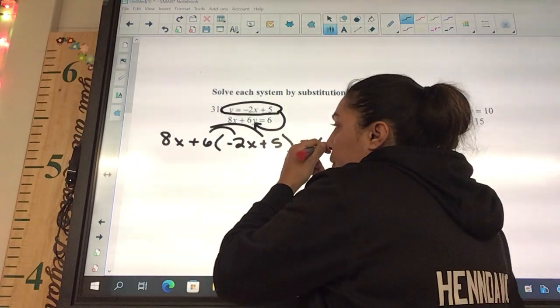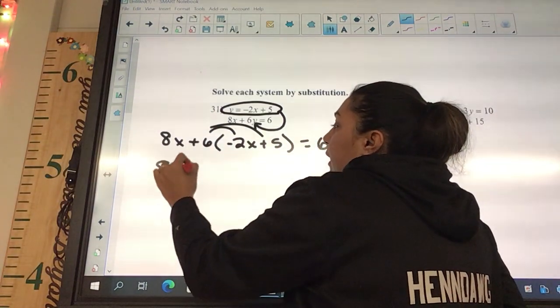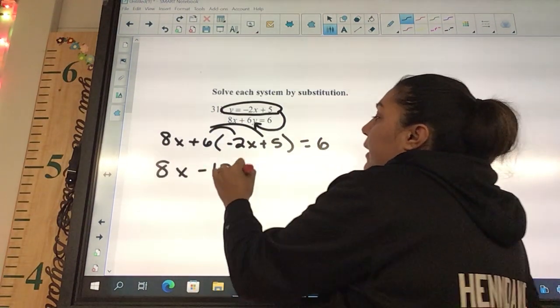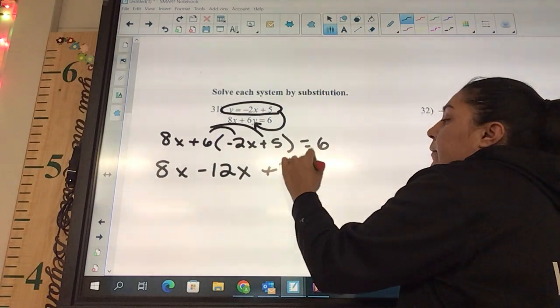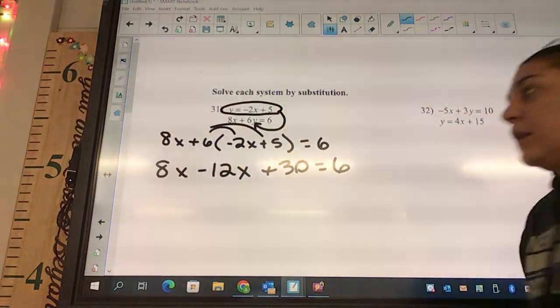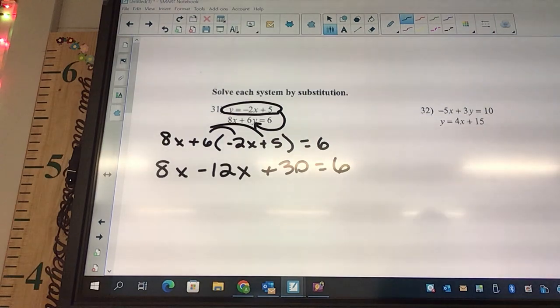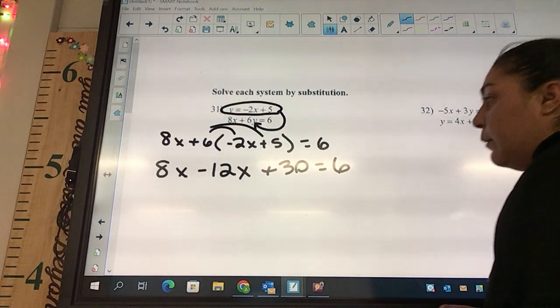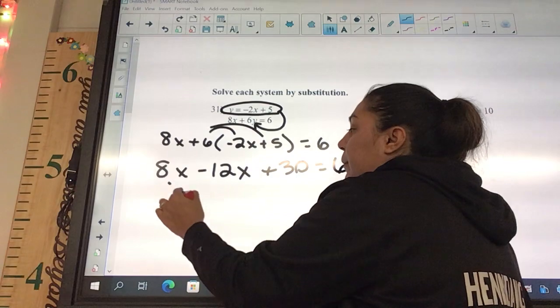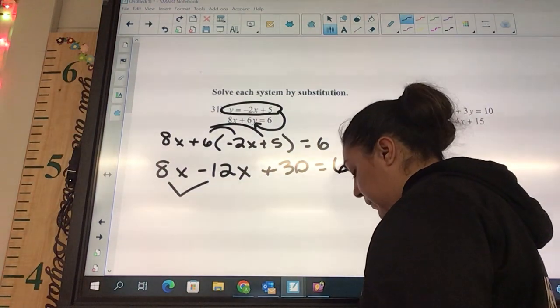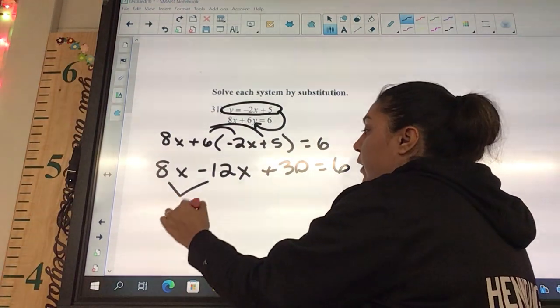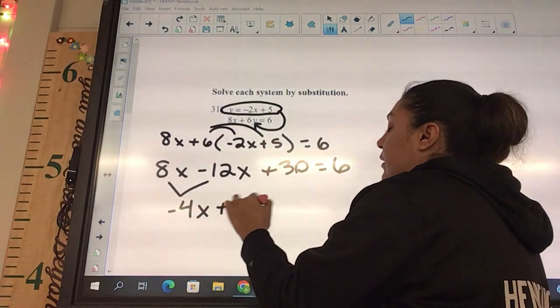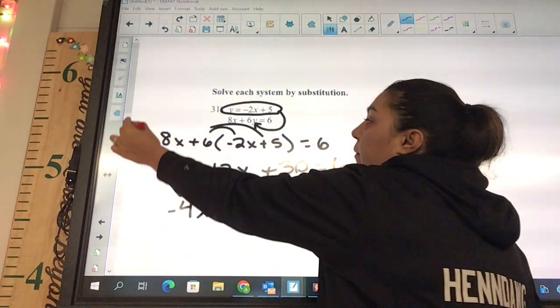But sometimes some of them might be the same. So we got 8x, and you're going to get -12x plus 30 equals 6. Okay, you need to distribute up there. Okay, and then what? Combine. What is 8 and then a -12 going to give you? -4x plus 30 equals 6.